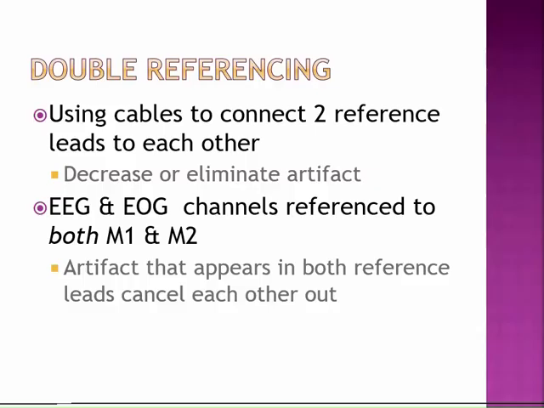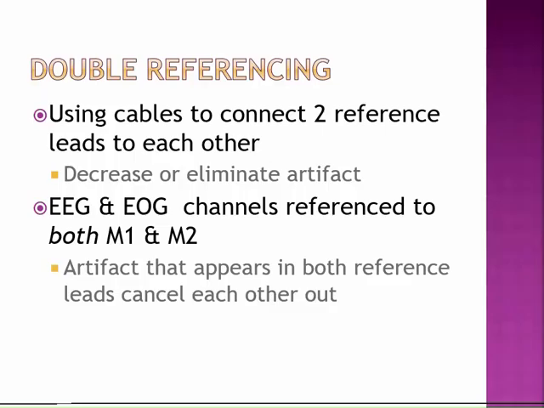So double referencing, what we do is we tie digitally M1 and M2 together. We average the input from both of those electrodes into the system, with the thought being that common mode rejection is going to cancel out the like signal coming through, which is that EKG artifact. We can do it digitally, where we go in and change the montage.